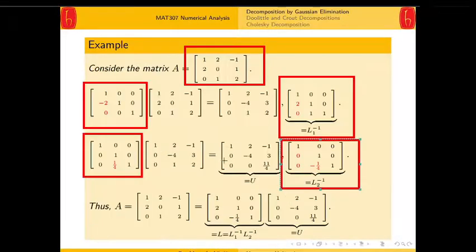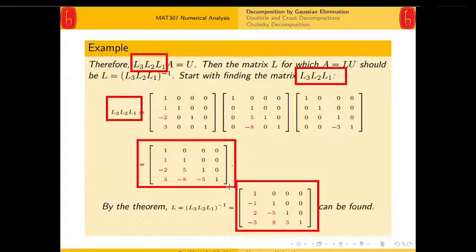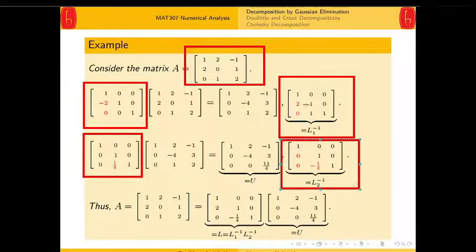This is another way to go about the problem, or you can also perform the same operations by finding the L1, L2, L3 matrices. But if you follow this way, for example, you find the L1 matrix and then its inverse, and in the next step you work with the L2 matrix and its inverse. Once we have L1 inverse and L2 inverse, we can multiply these two and save some memory.